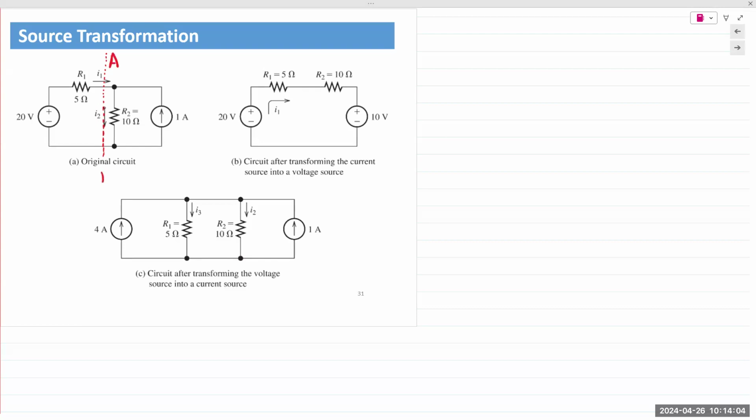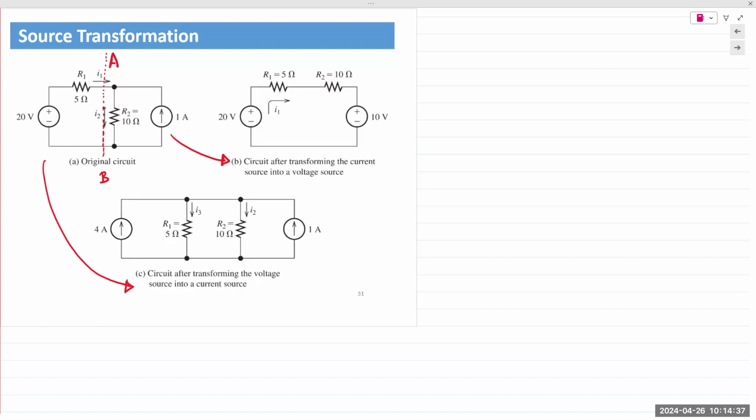So I'll call this A, call this node B. If I transform this current source into a voltage source, I get circuit B. And if I transform the voltage source into a current source, I get the circuit shown in C. Okay.